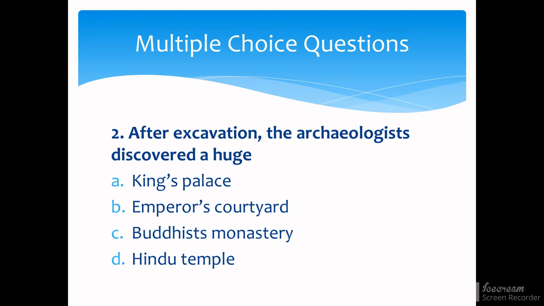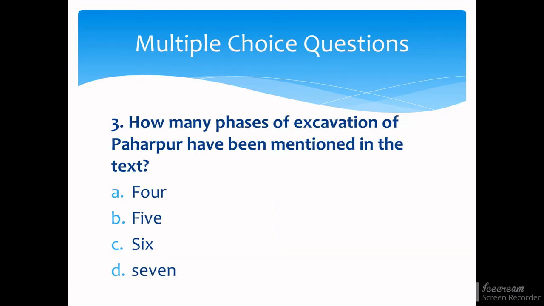After excavation, the archaeologists discovered a huge king's palace, emperor's courtyard, Buddhist monastery or Hindu temple. The next question: how many phases of excavation of Paharpur have been mentioned in the text? 4, 5, 6 or 7? I repeat the question.